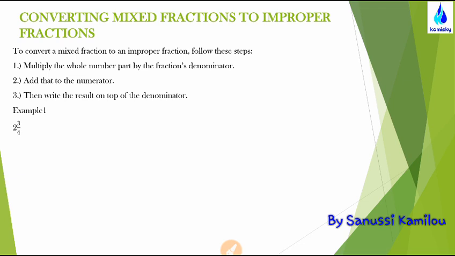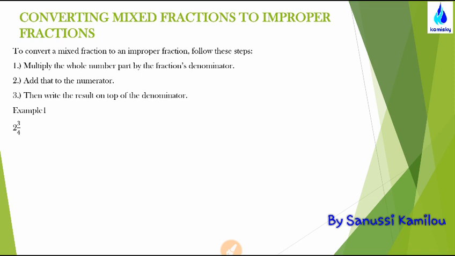Now we are about to convert mixed fractions to improper fractions. What are the steps? To convert a mixed fraction to an improper fraction, follow these steps. Number 1, multiply the whole number part by the fraction's denominator.